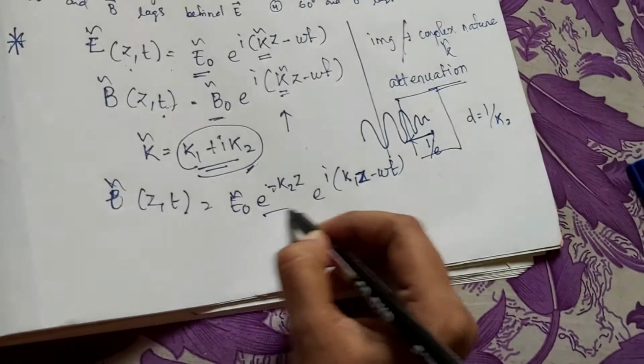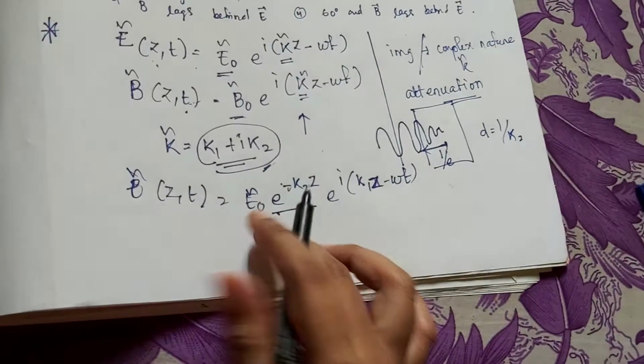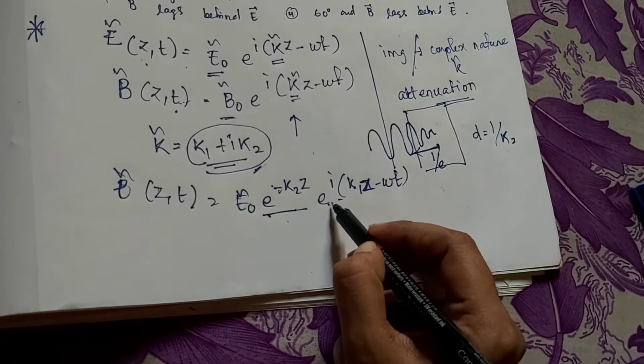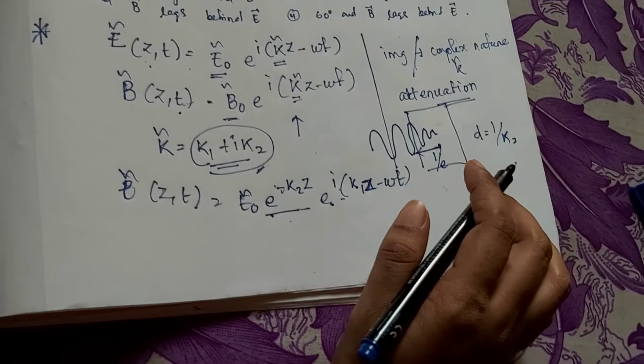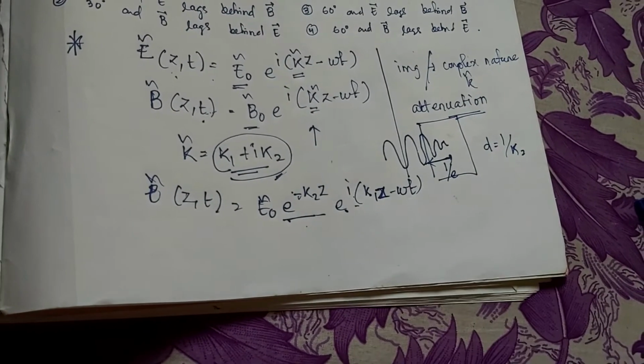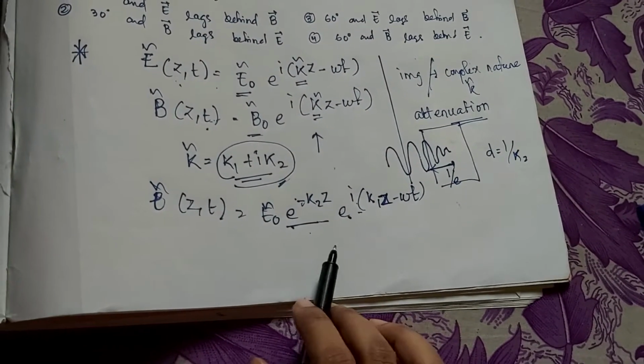So this part becomes non-imaginary, and I can take it outside, and the rest becomes e^(i(k1 z - ωt)). So this is the electric field in the conducting medium.